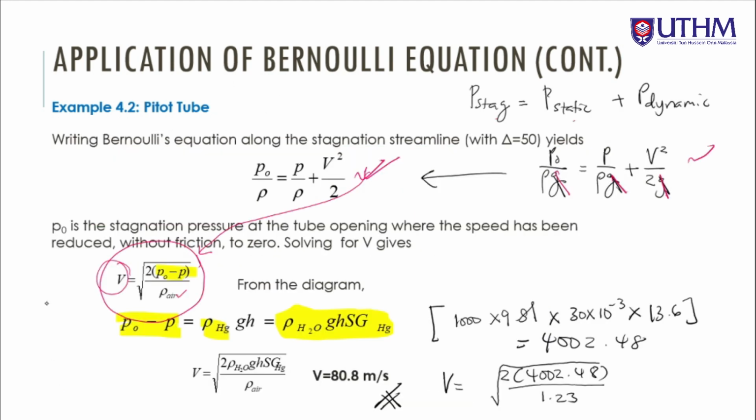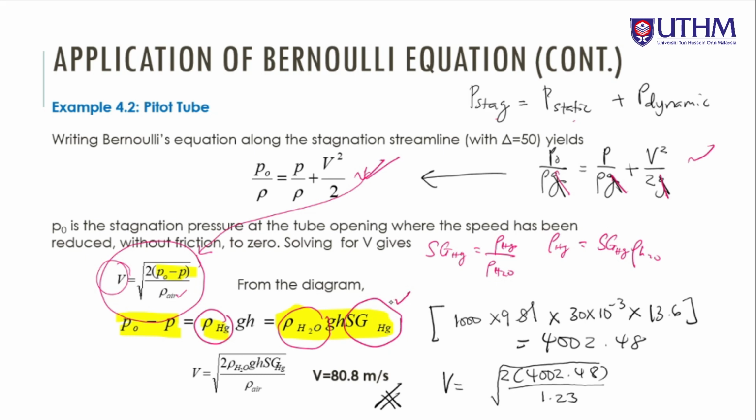So apa kita buat? Actually kita tahu Sg equivalent to density of mercury over density of water kan. This is specific gravity. Okay, so untuk dapatkan rho Hg, actually kita darabkan Sg with rho H2O. That's why yang ni sebenarnya kita dah tukar kepada bentuk ini dan juga ini kan.